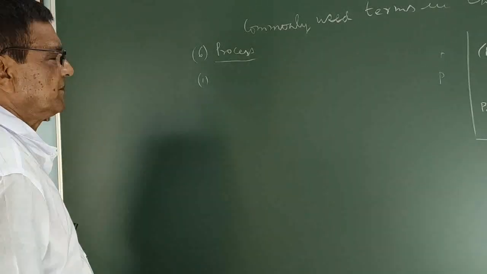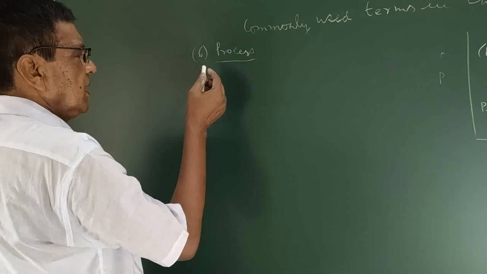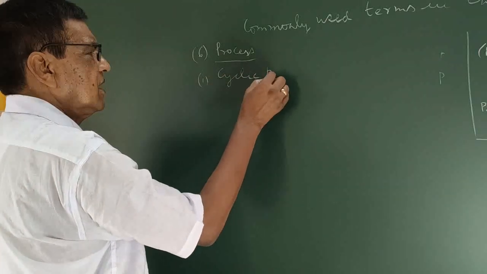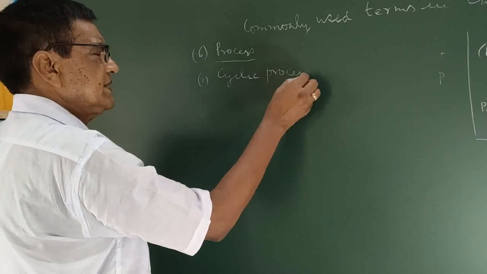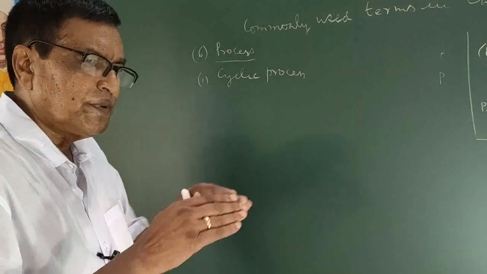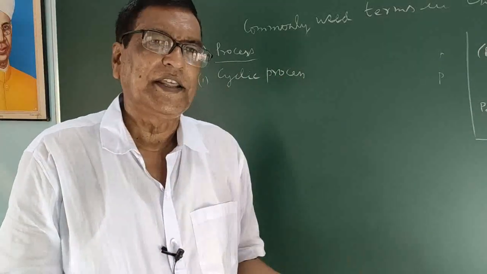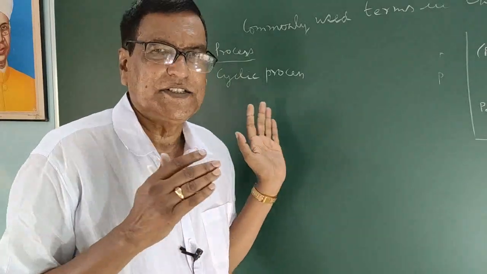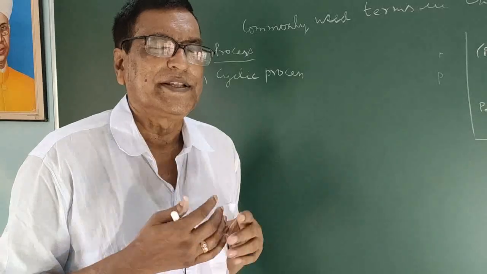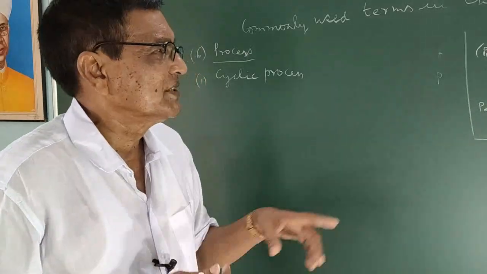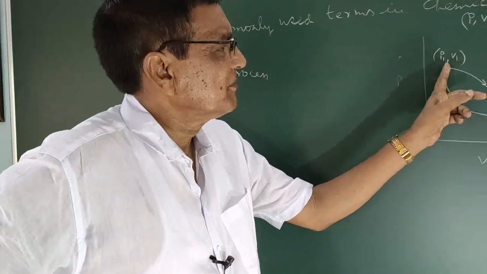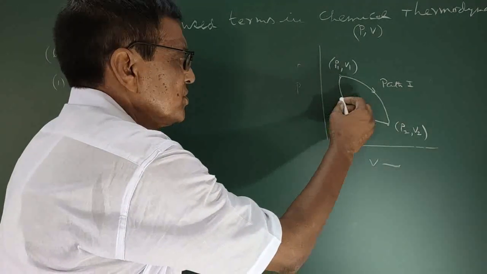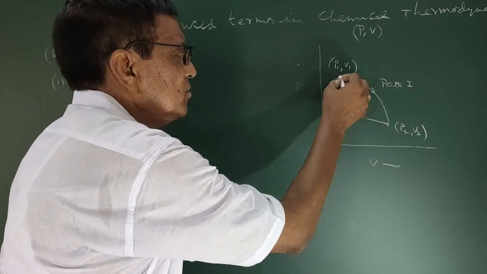The first one is the cyclic process. If the system moves through different states and then comes back to its initial state, then the operation is called a cyclic process. As you can see, it goes from here to here in this way, and then goes back this way to here.